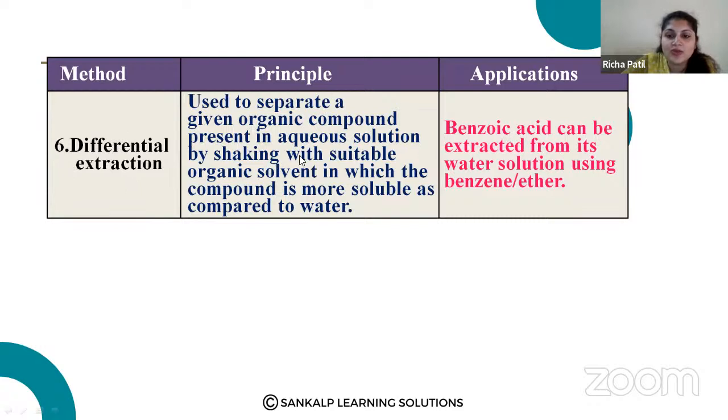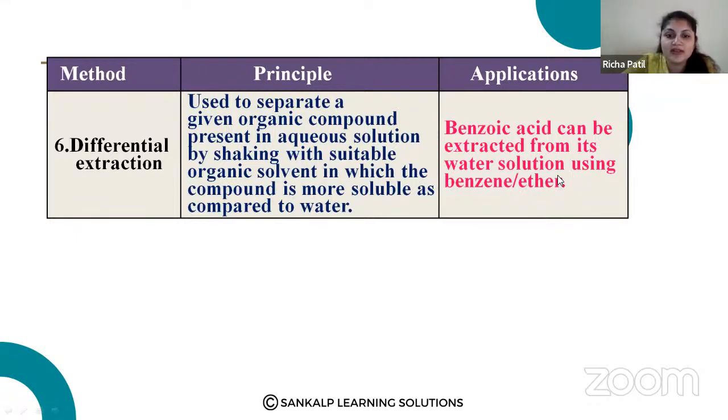Whatever organic solvent you have taken will evaporate and you will be left with your organic compound. So the application is that benzoic acid can be extracted from its water solution using benzene or ether. You know ether is highly volatile.